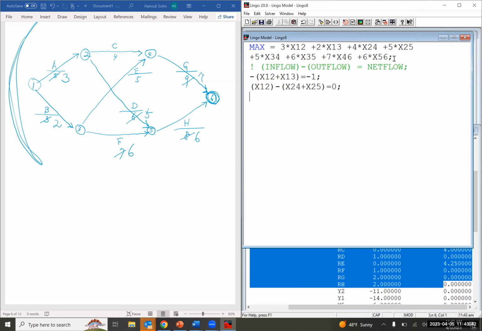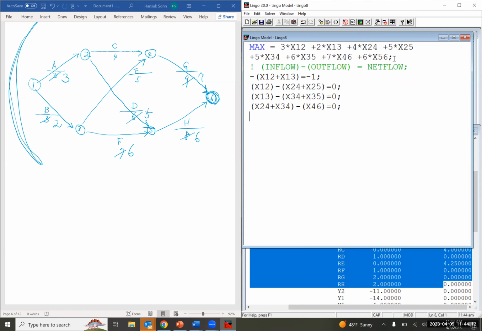For event number 3, x13 minus x34, x35. Event number 4, we have 2 inflows, x24, x34, and then only 1 outflow, x46 equals 0.